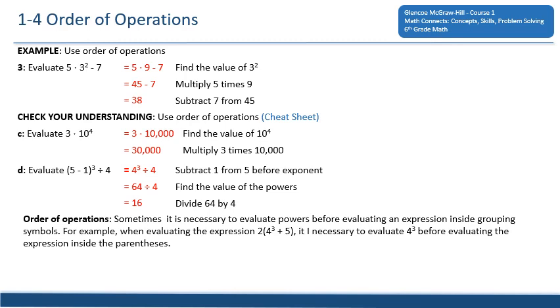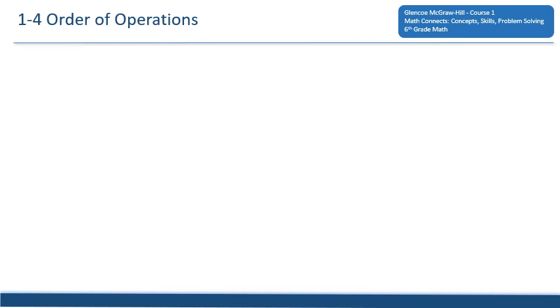So I can't add 5 to 4 cubed, so I have to deal with the exponent first so that I can then add the values inside the parentheses. So in this case, I would evaluate 4 cubed, which is 4 times 4 is 16, times 4 is 64, plus 5 is 69, and then I would multiply that times 2.